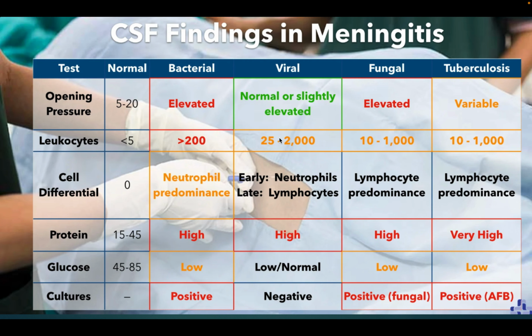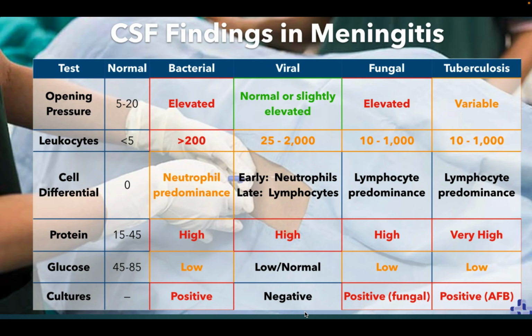Leukocytes can be in the range of 25 to even up to 2000. Earlier on, they could be neutrophils, but in the later stages, the cell predominance could be of lymphocytes. The proteins are high, the sugars can be low or normal, and the bacterial cultures can be negative.